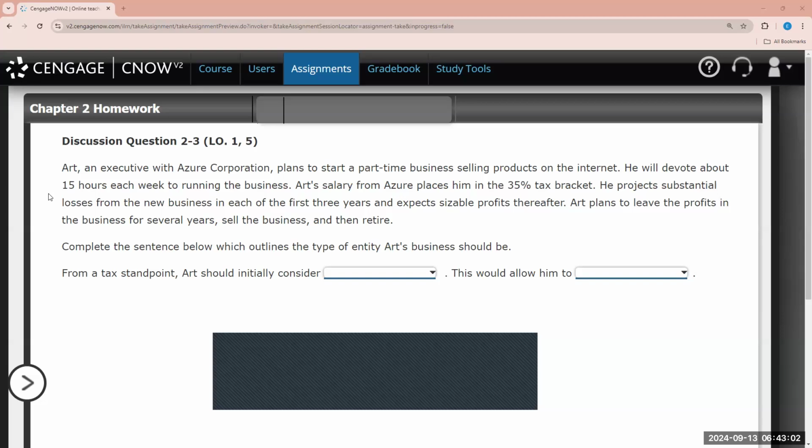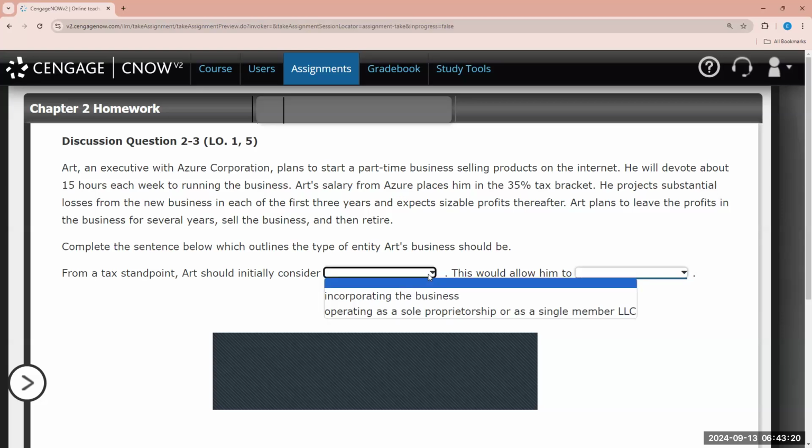So based on this situation for Art, it would make the most sense for him to operate as a sole proprietorship or a single member LLC. The reason is that in the first few years, he's projecting a loss. And one of the benefits of a sole proprietorship or a single member LLC is that when you have business losses, that loss can offset your other earned income.